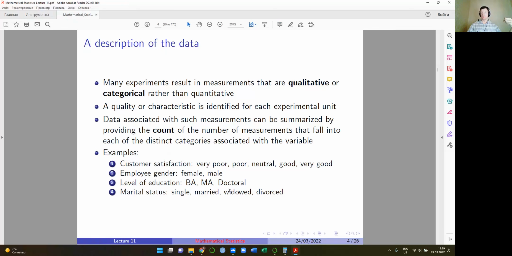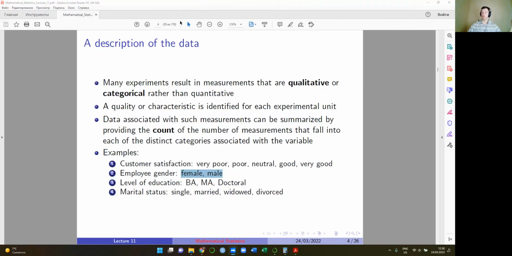If you remember, when we have two outcomes of this qualitative variable, like female and male, what kind of distribution usually do we apply to such a variable? When we have one of the two possible outcomes, which distribution do we usually associate with such a variable?